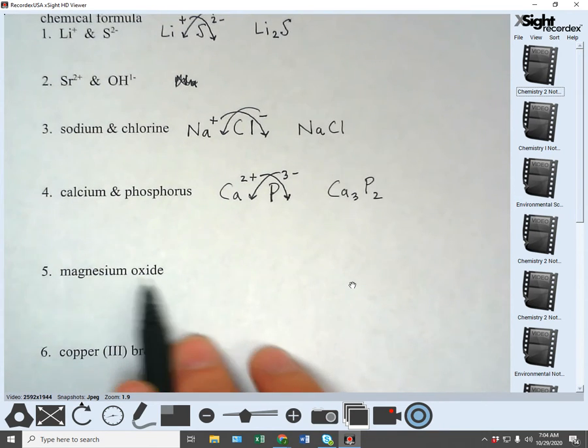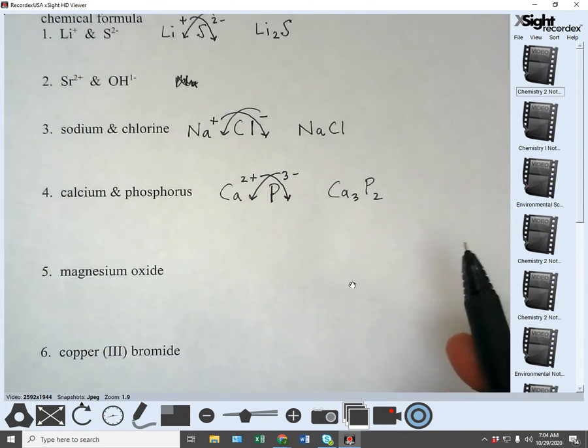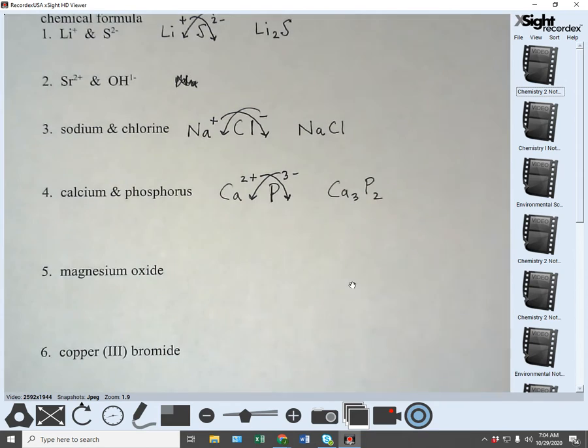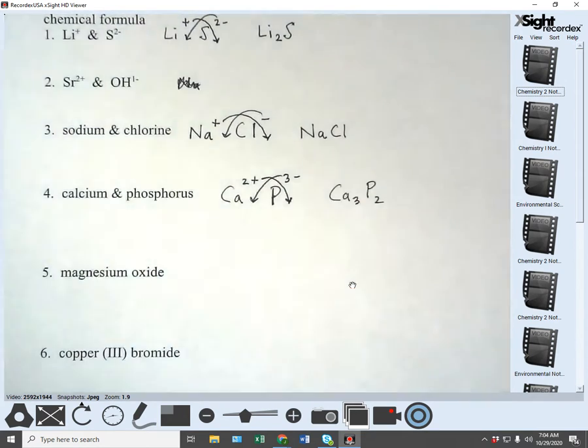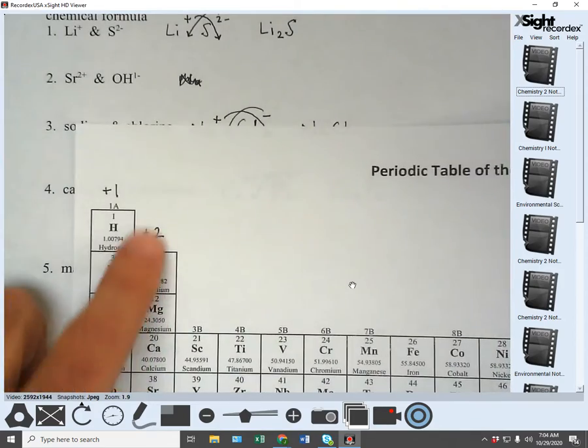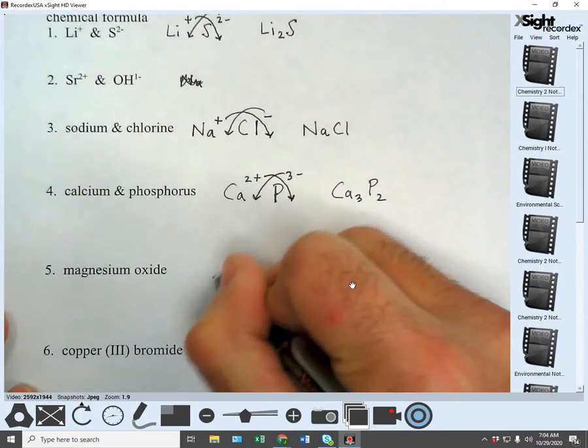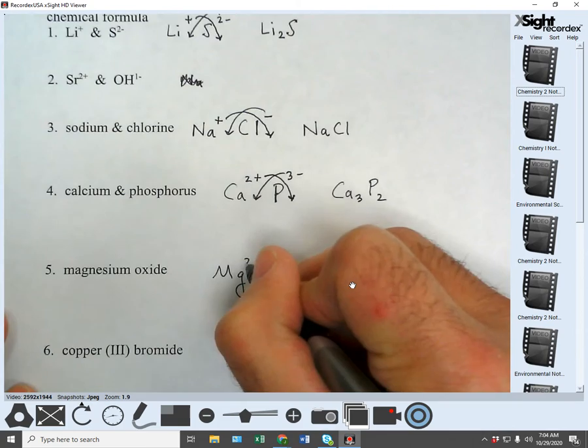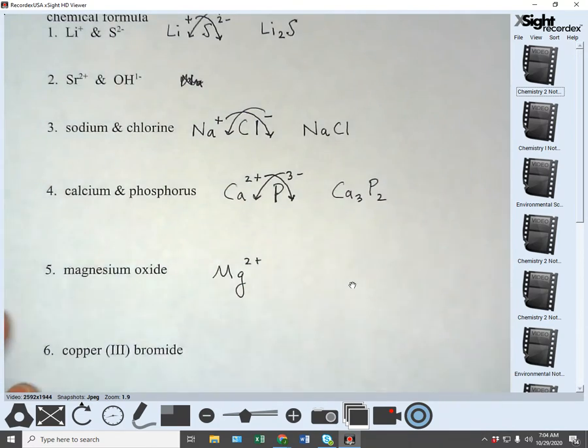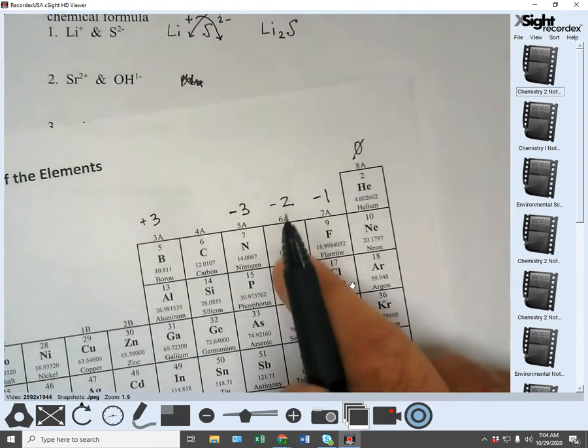So oxide comes from oxygen. All right. So same thing, magnesium, look up on the periodic table, +2. Your first thing should always be positive for these, and your second one should always be negative. Oxide, as I said, comes from oxygen, which is a -2.